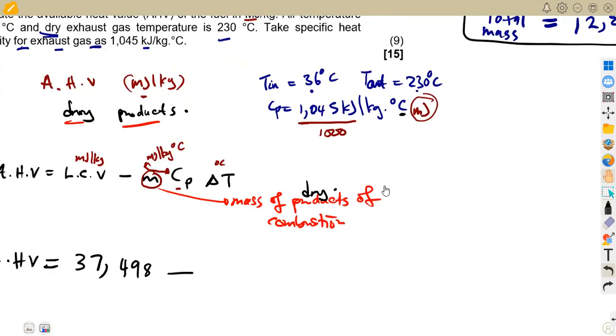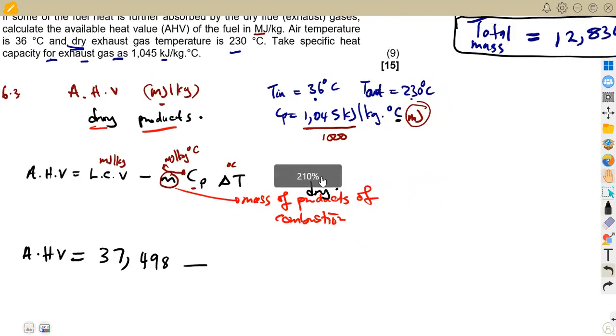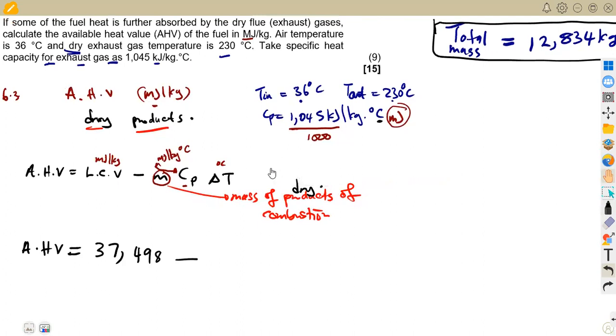Remember, this whole part of our calculation was to obtain the mass of the dry products, which we got here as 12,834 kgs, times the specific heat capacity, which is supposed to be in megajoules per kg.